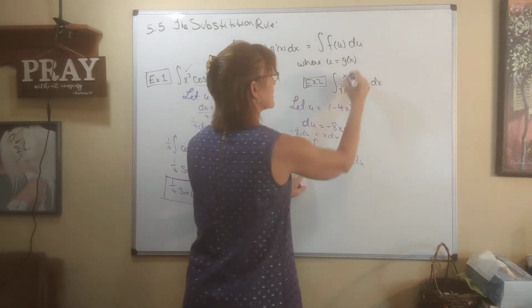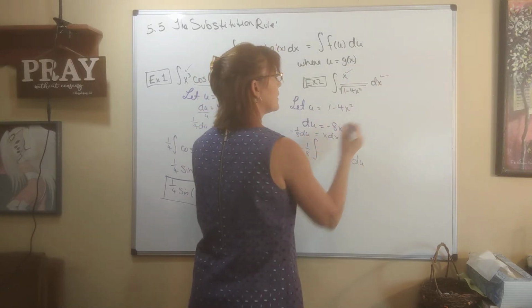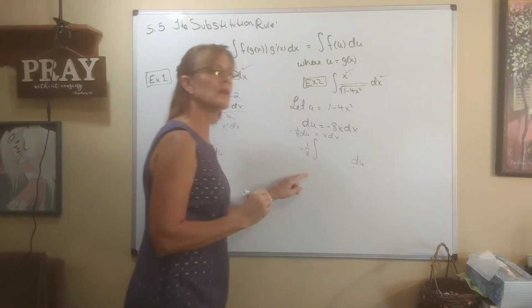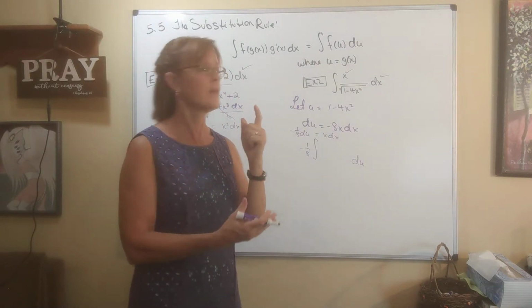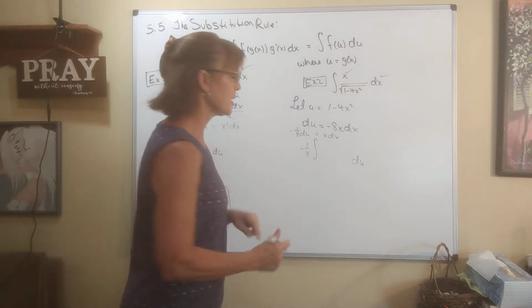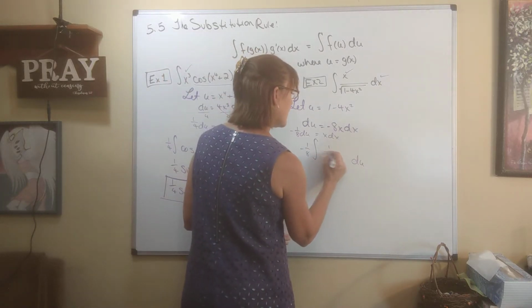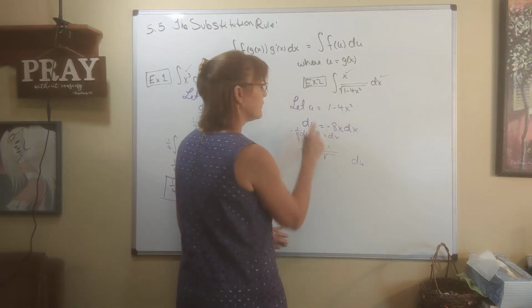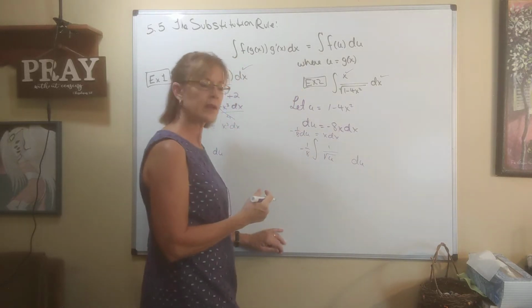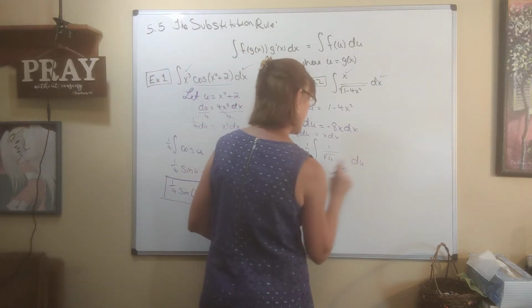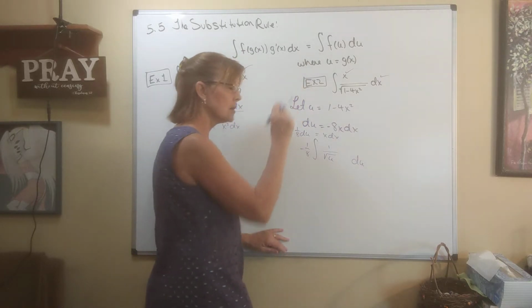So by writing that down, what did I get? I got x dx, that part and that part. What I have left to accomplish is to write down 1 divided by the square root of 1 minus 4x squared. So 1 divided by the square root of u, because that's what I said u was. So now we just have to integrate this. All right, so I like to write my square roots as powers.